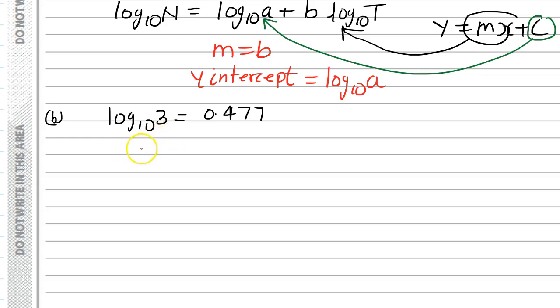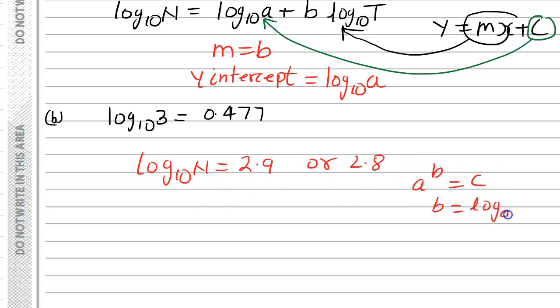So log base 10 3 is 0.477, and log base 10 n is 2.9. You know a to the power b is c, so b is equal to log base a of c.